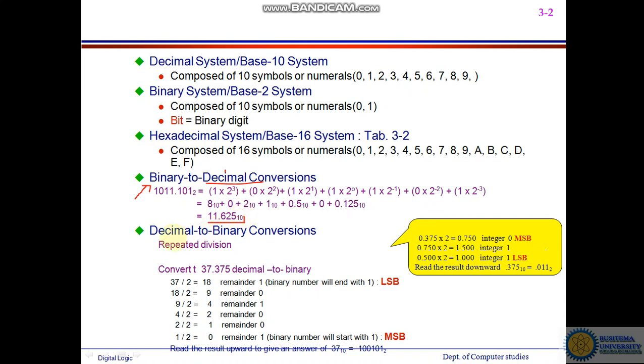Now let's see whether from a decimal number we can get a binary. Okay, so let's come here. We have 37 here, and we want to convert 37 to binary.